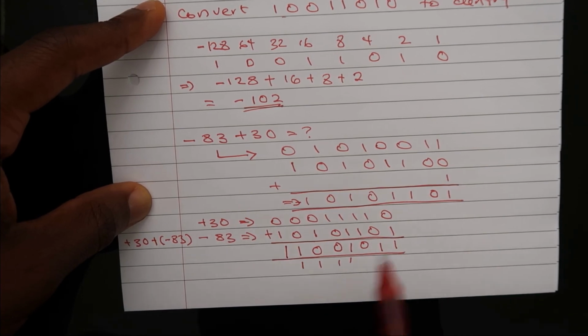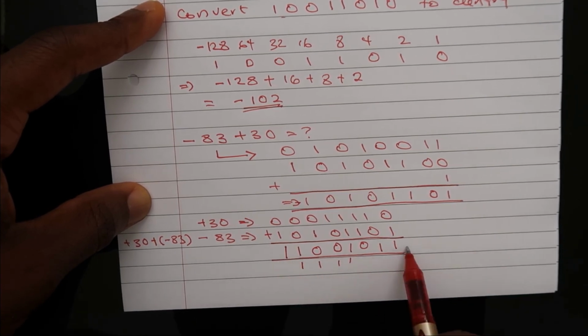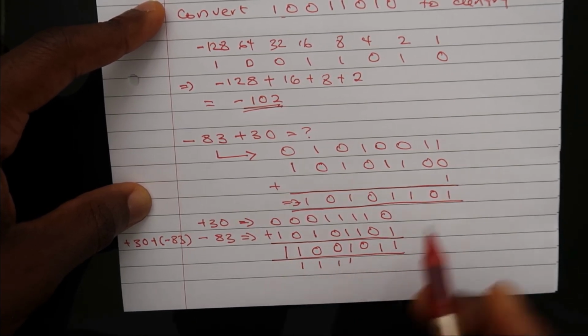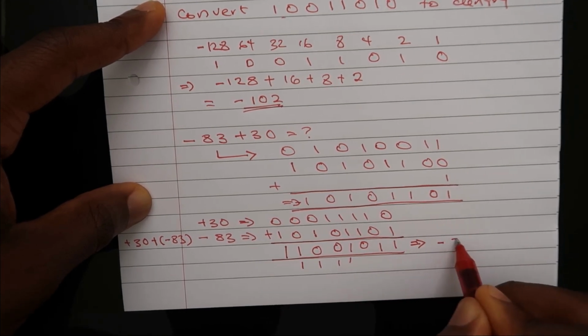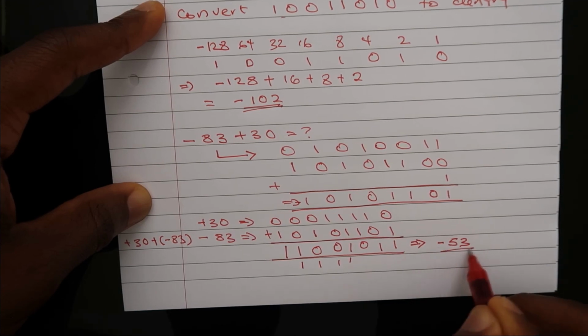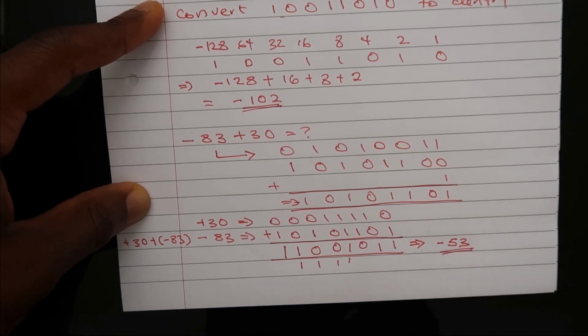Okay, and if you convert this value, you should have minus 53. See, it works very well with arithmetic operations.